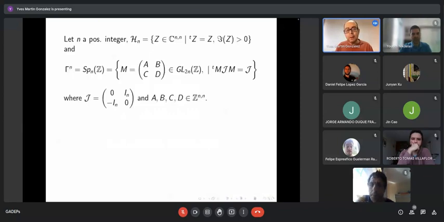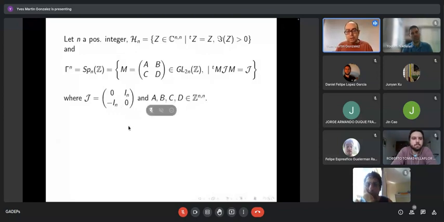I'm introducing some notation so we can talk about Siegel modular forms. Hn is the analog of the complex upper half plane in this more general setting. So n by n complex matrices, whose transpose is equal to itself, and whose imaginary part, which is an n by n real matrix, is positive definite.